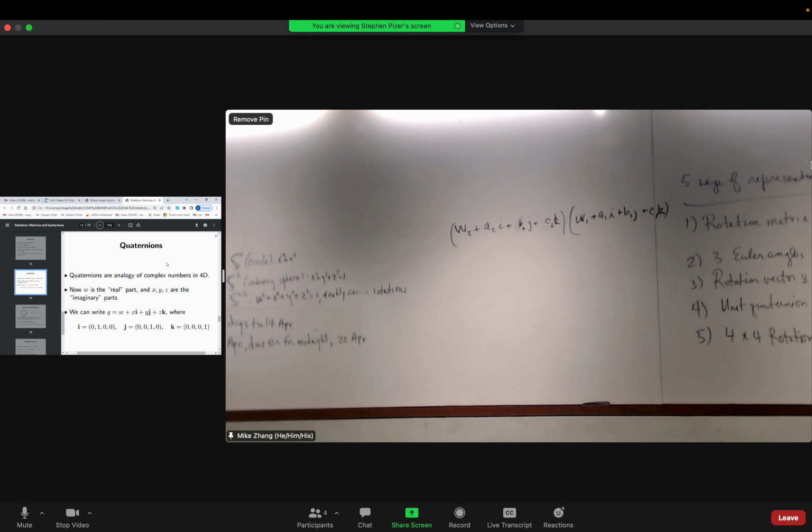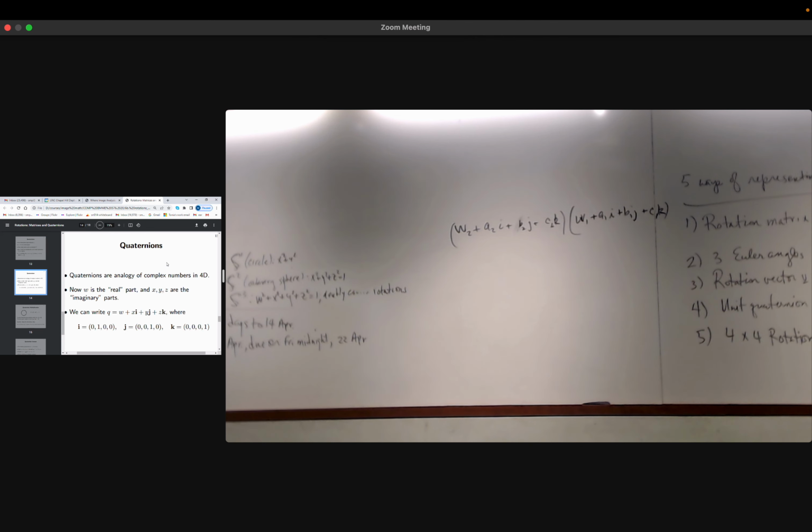We will understand that i is 0, 1, 0, 0, right? 0 times 1 plus 1 times i plus 0 times j plus 0 times k. So we can write i that way and j that way and k that way, where the coefficients are the coefficients of 1, i, j, and k, respectively.